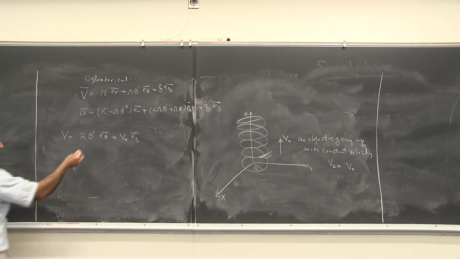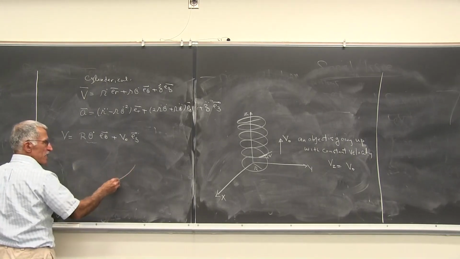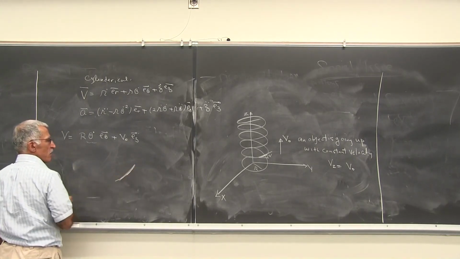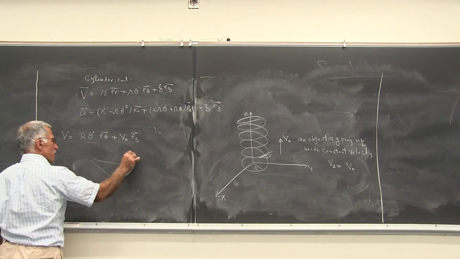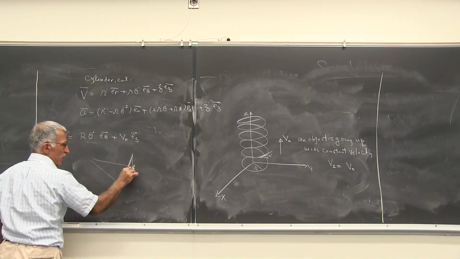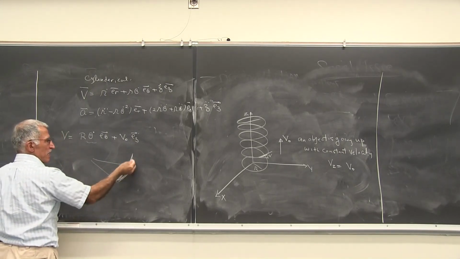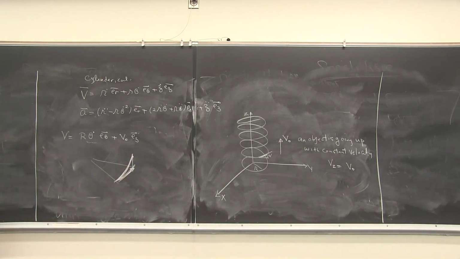The question is, what is theta dot? The only thing that we are told is that this is going with a constant velocity up, v0. So you can say no problem. At any instance it is going in this direction. If it goes r theta here, it also jumps up, and that's my spiral.